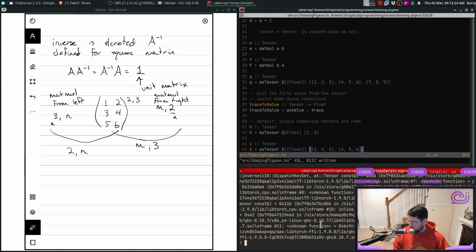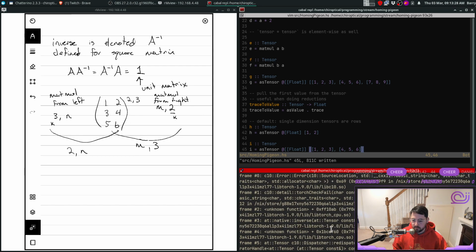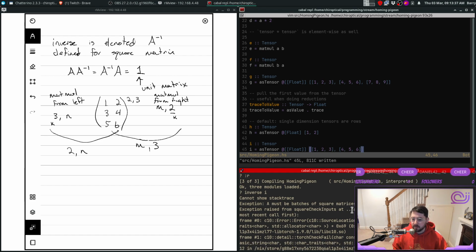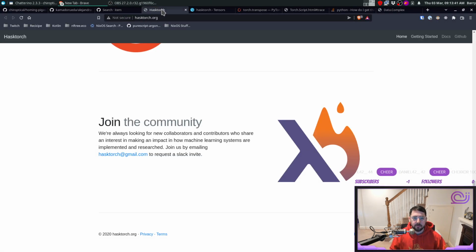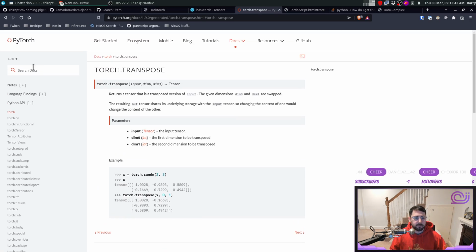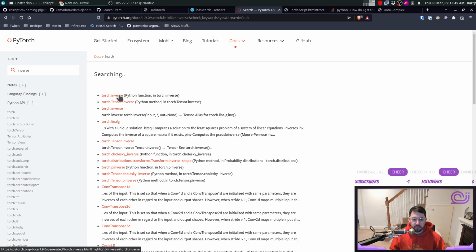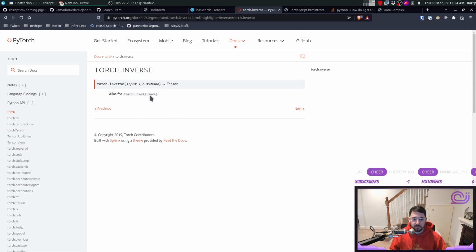Yeah, it just fails. Okay, so matrix inverse doesn't really behave the way we want it to, I guess. At some point, we're going to have to compute inverses.